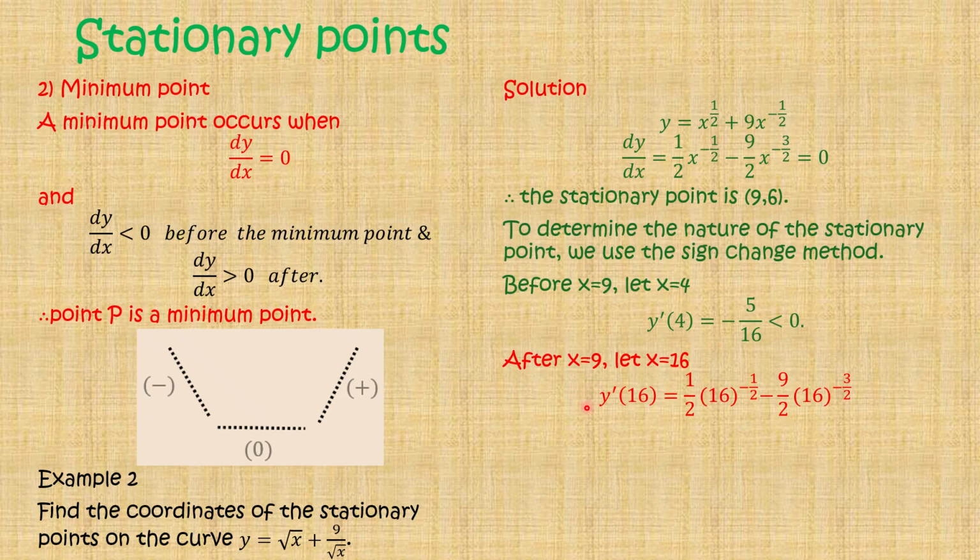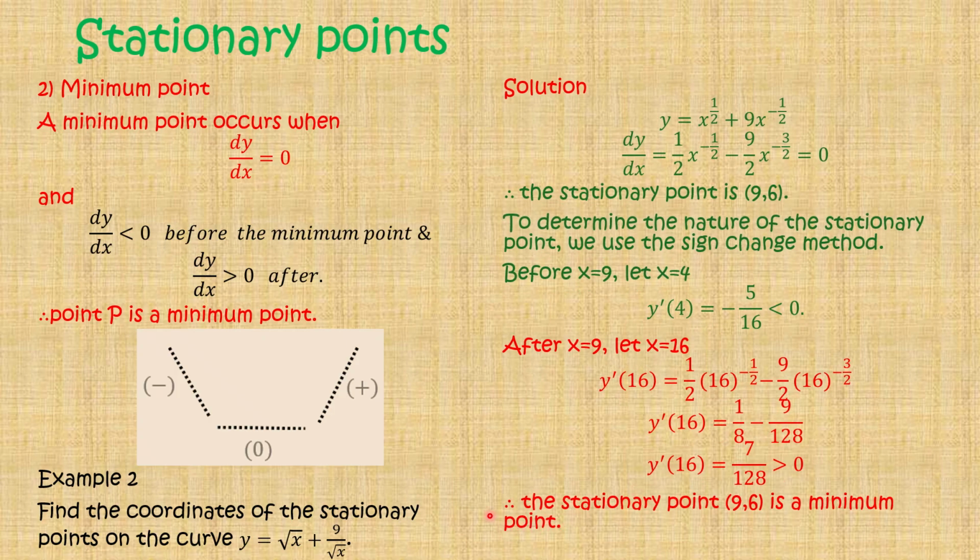We are going to get that, and simplifying further, we are going to get y prime of 16 being 1 over 8 minus 9 over 128. And of course, that would then become 7 over 128, which is greater than 0 because it's positive. Now, we have this, so the stationary point 9, 6 is a minimum point because this satisfies all the conditions of the minimum point.